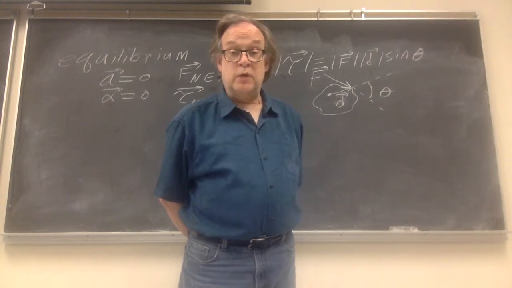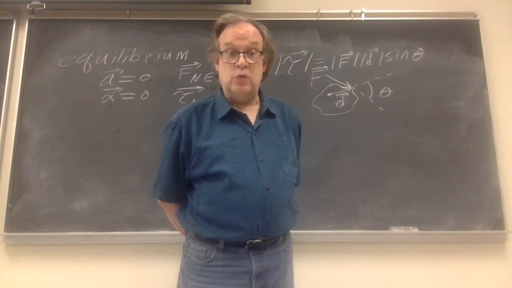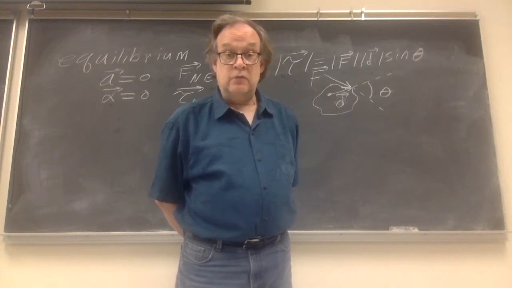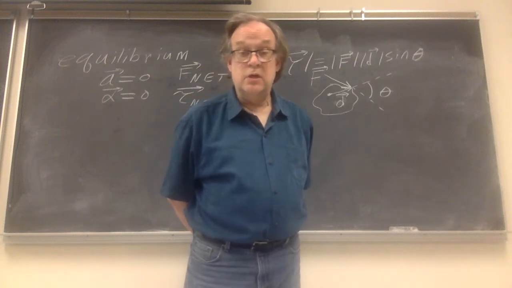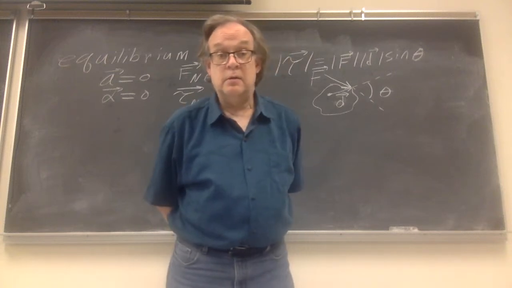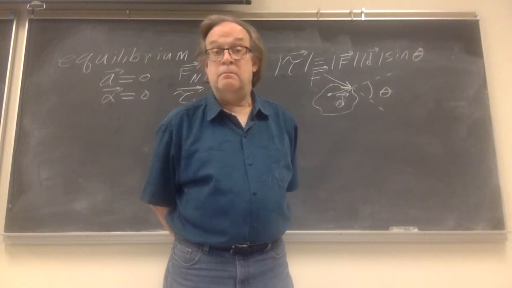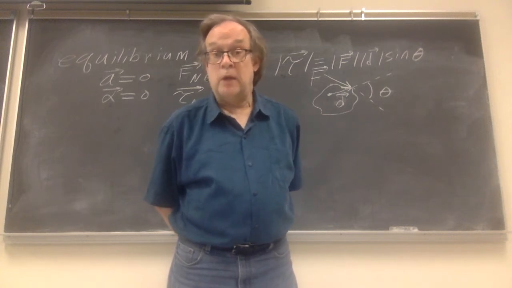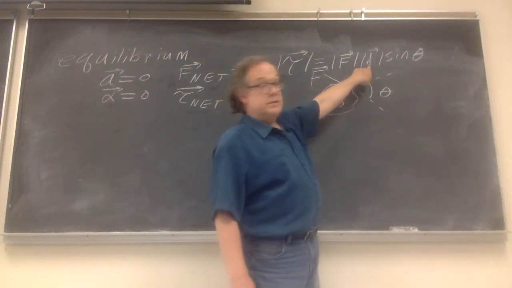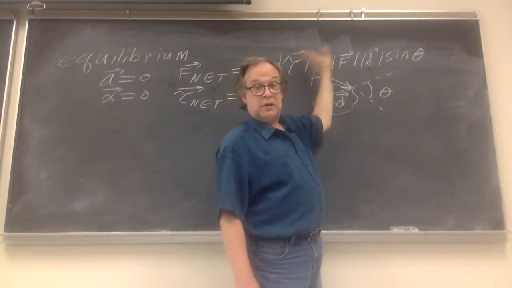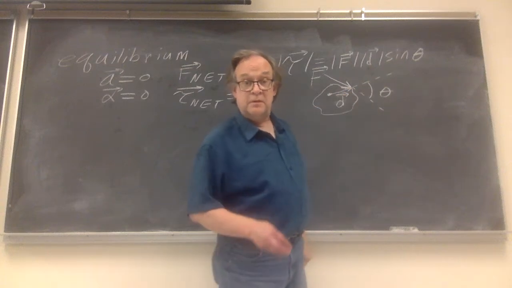When you pick a reference point, you're imagining what things would look like if there were an axis of rotation passing through that point, or in other words, if the object were pivoting around that point. Anyway, back to this. This is where we left off in our thinking about the equation.